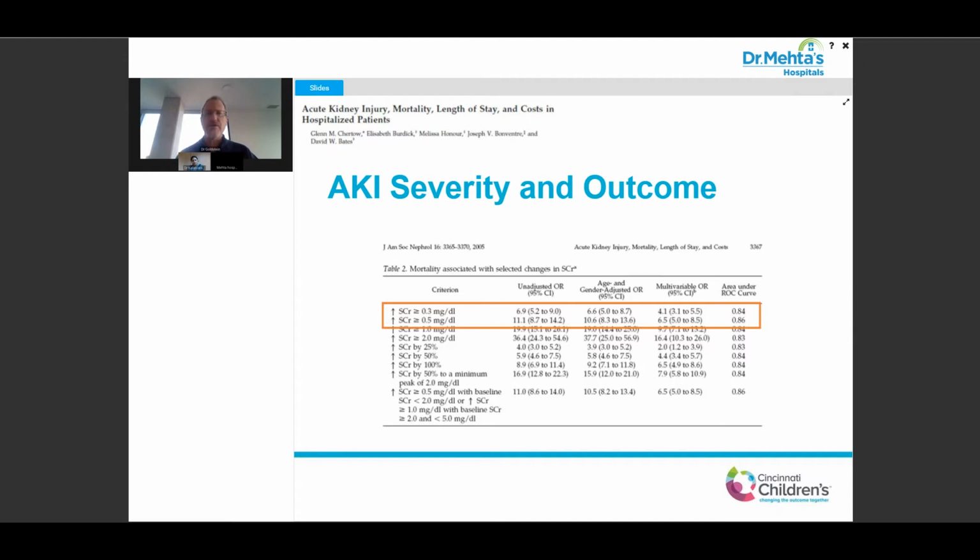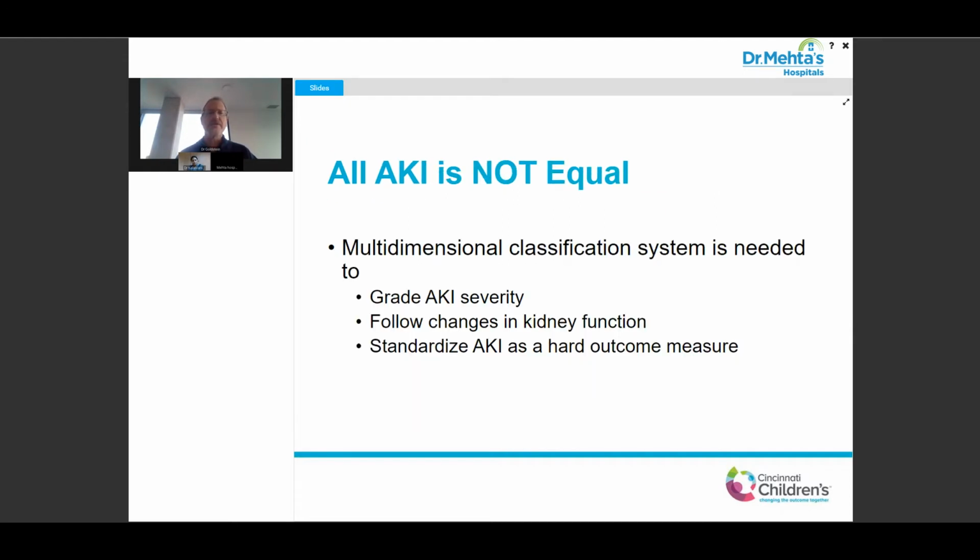So what this told us was that all acute kidney injury is not equal, and what we needed was a multidimensional classification system to grade its severity, follow changes in kidney function, and standardize acute kidney injury as a hard outcome measure. We do this in many other diseases.